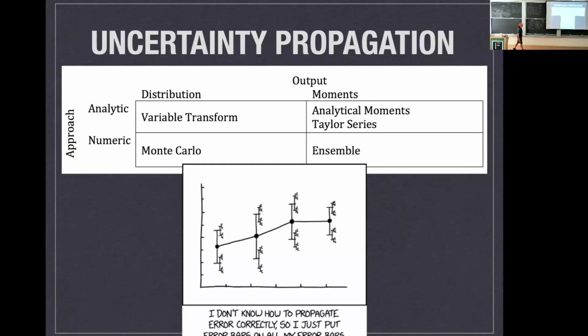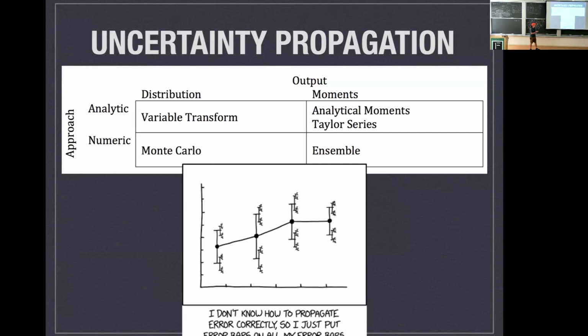In thinking about uncertainty propagation, I'm going to divide this into four quadrants. First, the distinction between analytical approaches, where you have to do math, versus numerical approaches, where you have to write code. On the other dimension, what do you want to get out of this?